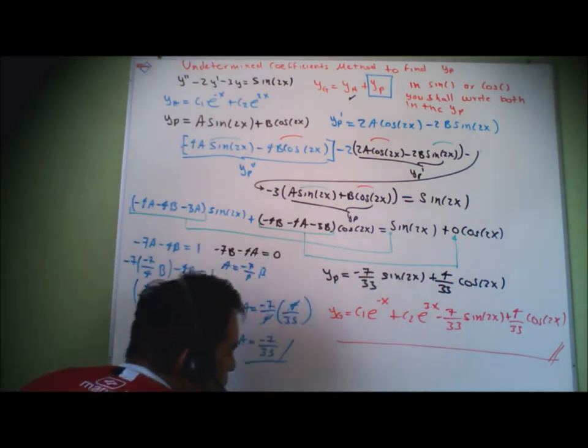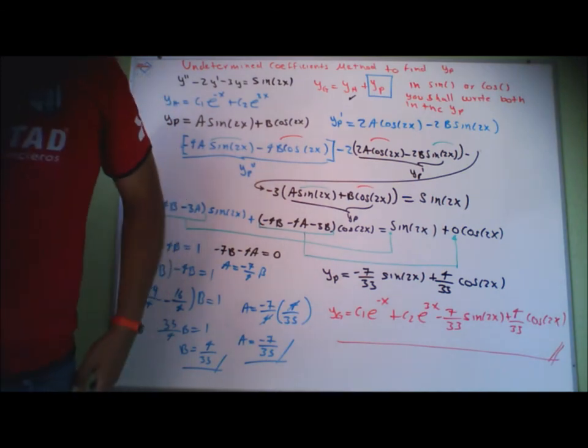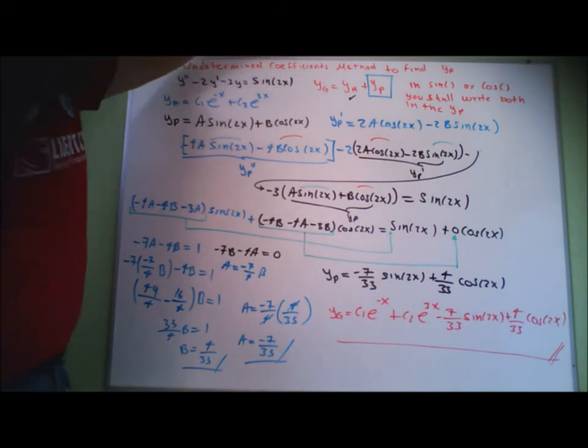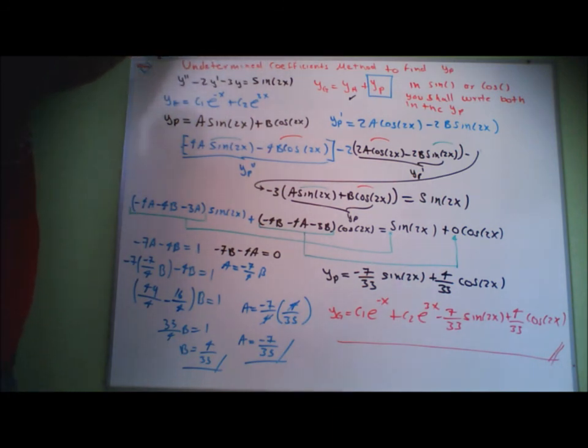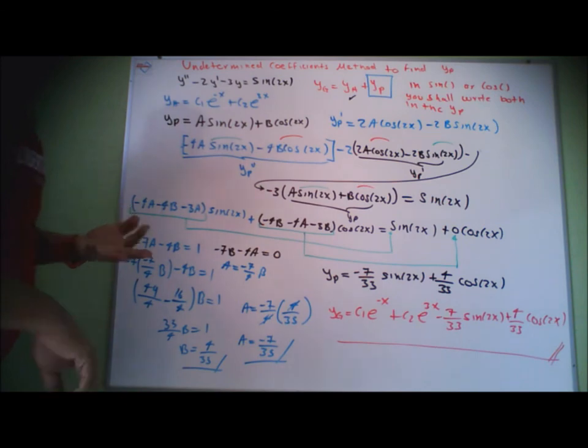Alright? Okay, so that's when you have the sine and the cosine. Now, this is a very limited method, because this method of undetermined coefficients only works as long as the q of x is either a polynomial, an exponential, or a sine or cosine.